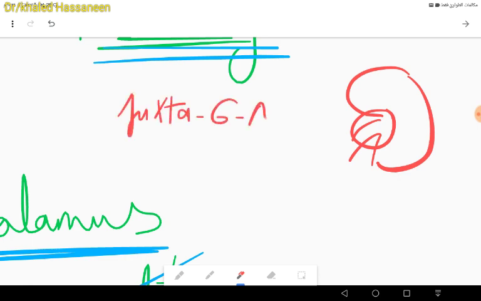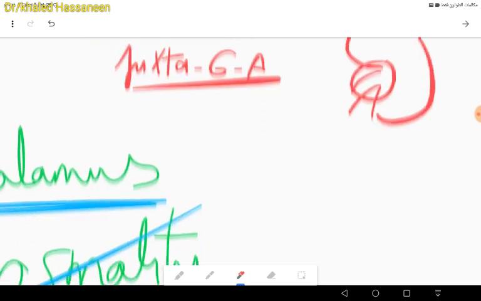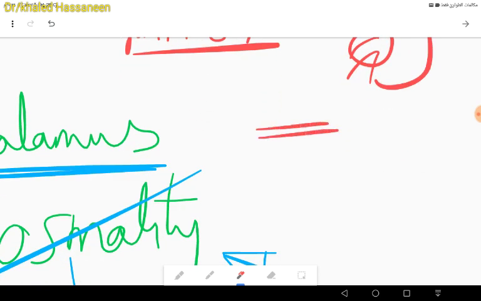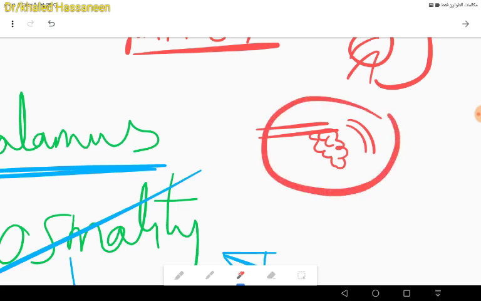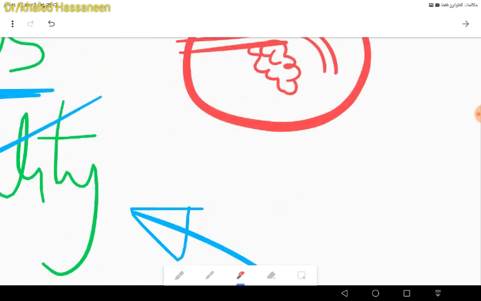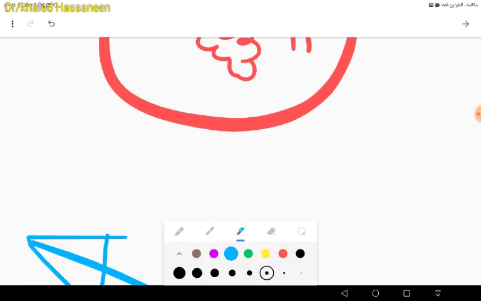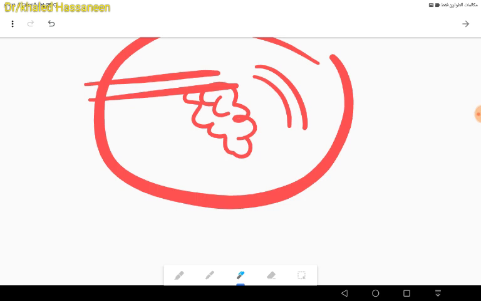Our juxtaglomerular apparatus is formed of the afferent arteriole, extraglomerular cells, and, in the distal convoluted tubule, the macula densa. We are going to talk about them in histology. What we are going to talk about is something that you should know, which is called the RAS system.